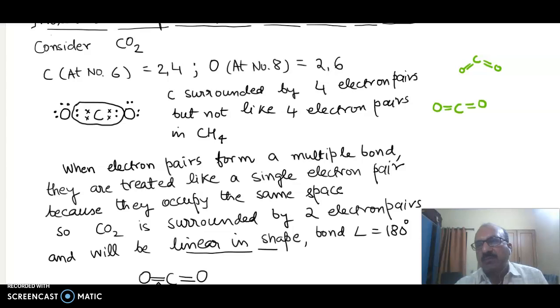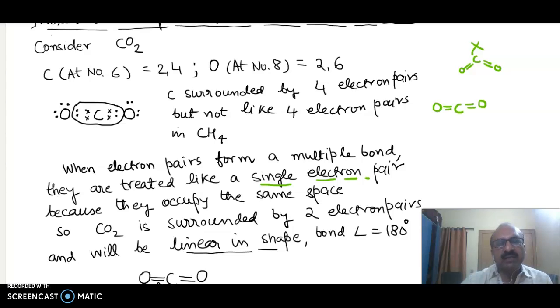It's not bent. The reason is that whenever there is a double bond, the two electron pairs are considered like a single electron pair. Why so? Because these four electrons or two electron pairs are fixed in space. They cannot go from this place. The two electron pairs are not independent, so they are considered as a single unit. This one electron pair cannot move to another position.